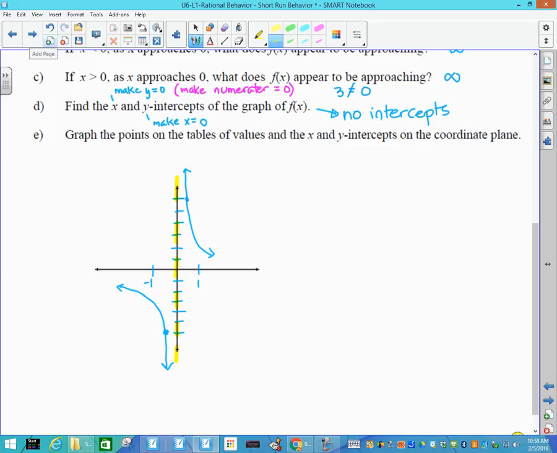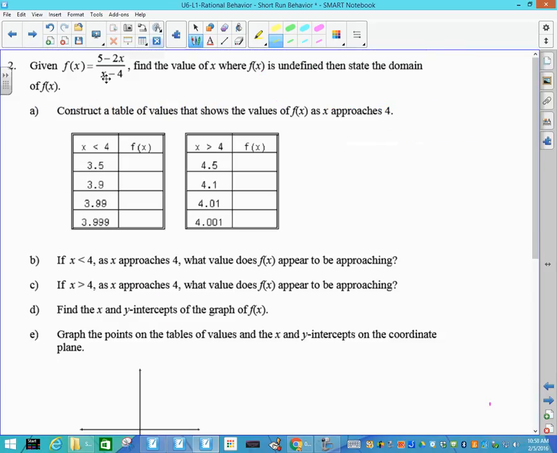Okay, let's go look at the second problem. Given f of x equals 5 minus 2x over x minus 4, again, find the value where f of x is undefined. And remember, it's undefined when my denominator is 0.